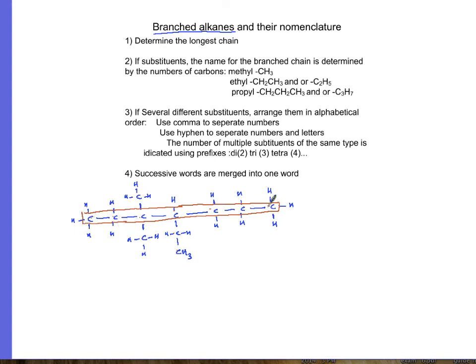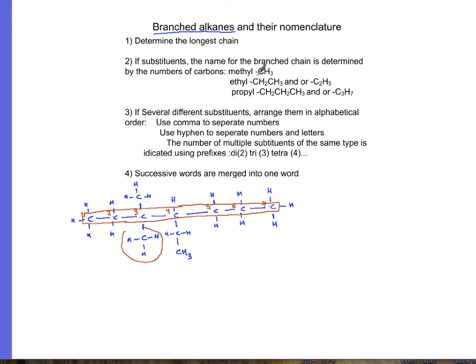I'm going to number the carbons starting closest to the branch. There is no left or right or up and down in organic chemistry. This could be carbon 1, 2, 3, 4 versus 1, 2, 3. So this is closest to the branch, so this is my carbon 1. It happened to be left to right in this example. 4, 5, 6, 7. Now you have branches.